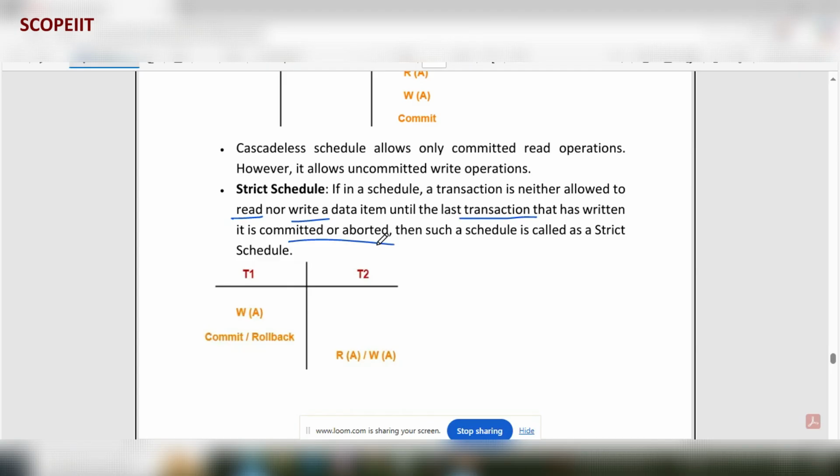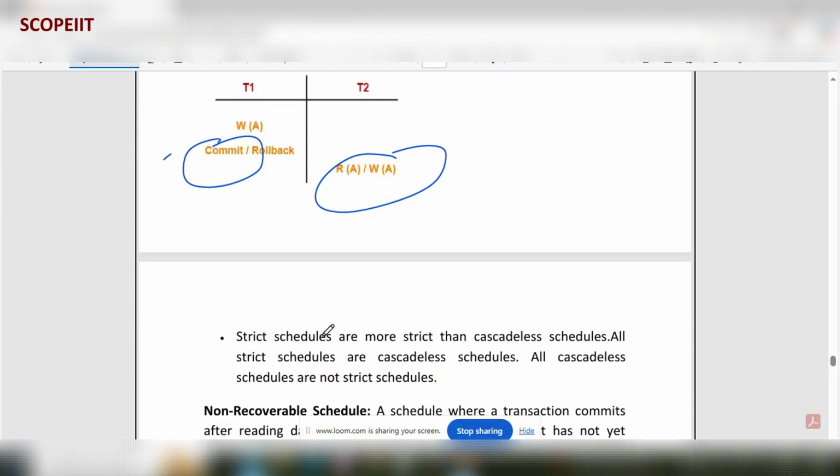Only committed read operation, but we can do uncommitted write operation. But in a strict schedule, we cannot do any read or write operation without commit. First we should commit, then only we can perform either read or write. You can see the example, transaction T1, here they have committed. After that only we can perform read or write in transaction T2. So this is your strict schedule.